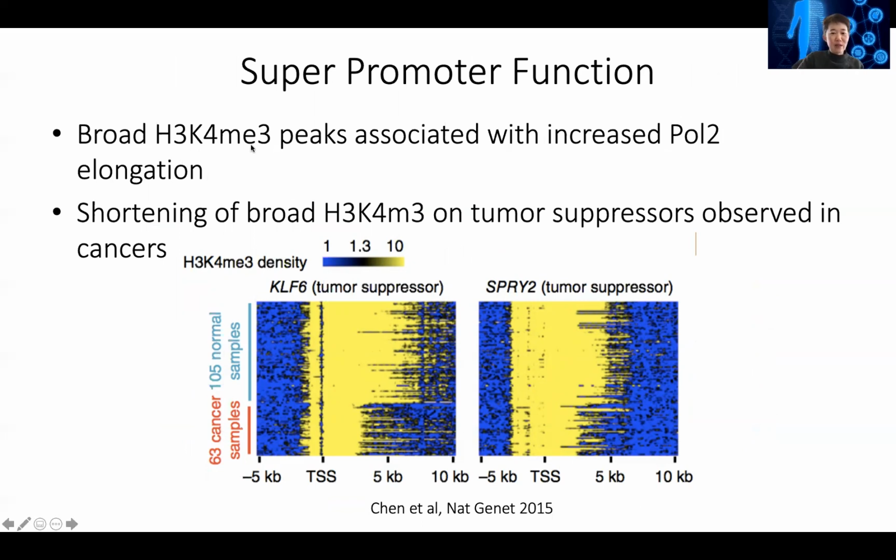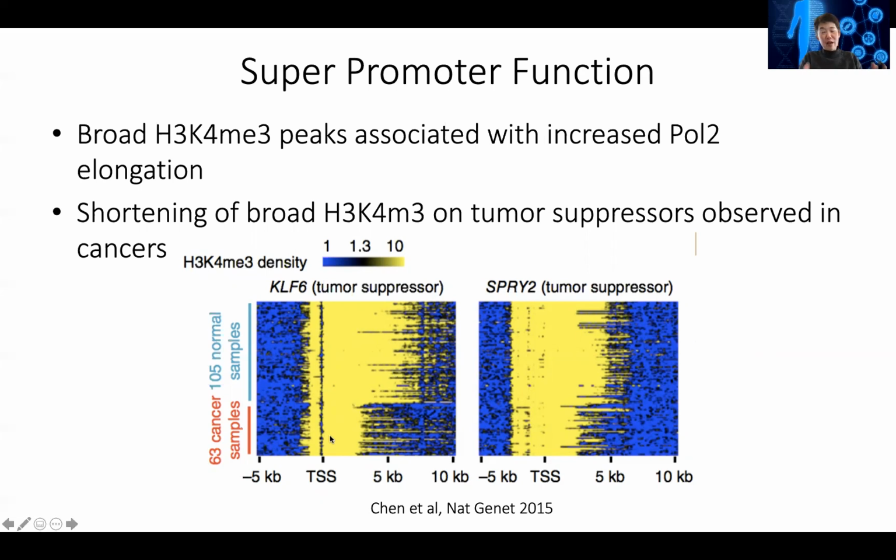And they noticed that, in the normal samples, this one gene has a super promoter, potentially indicating, again, another flag waving to say that this tumor suppressor is important. The gene needs to be expressed in order to suppress uncontrollable growth. And for some reason in cancers, the super promoter signals are lost.